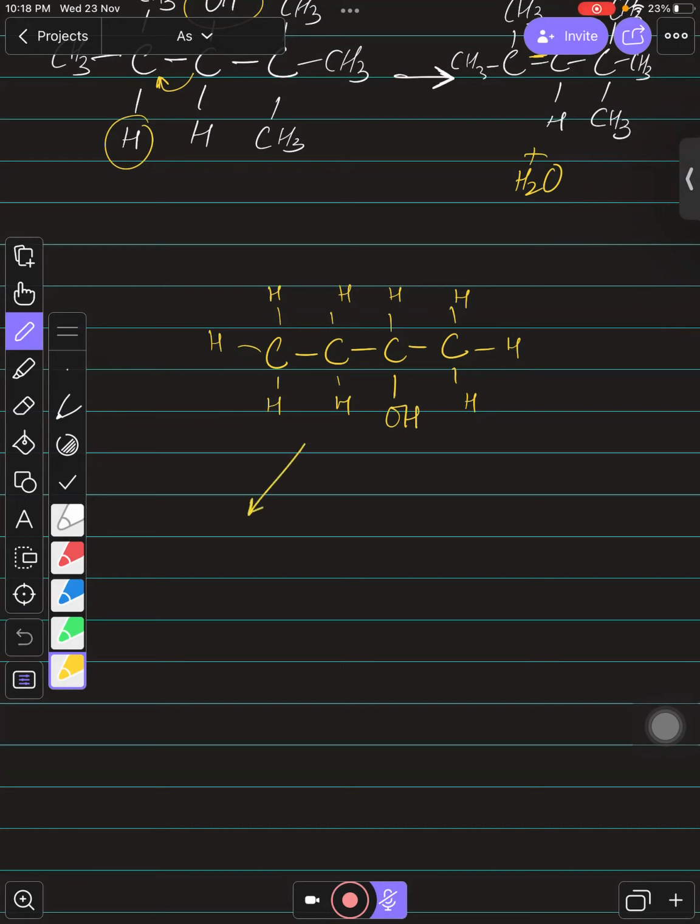For suppose if I am removing this OH along with this H, right? So we know that क्या होगा आपके पास? The double bond will form in the center, right? So it will be 1 2 3 4 carbons. This H and OH will be removed, so it will have a double bond, and the rest of all H are on their own positions. Is it right or not?